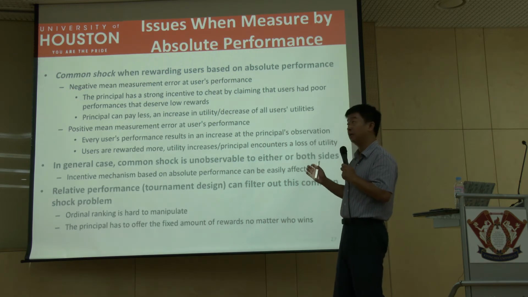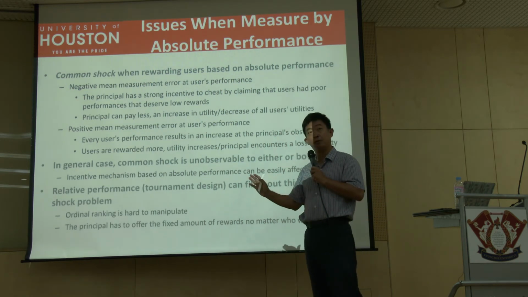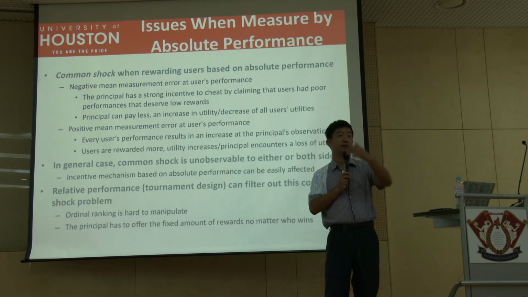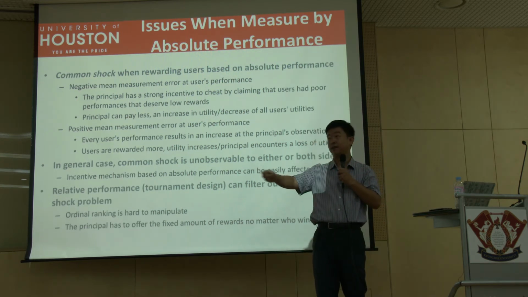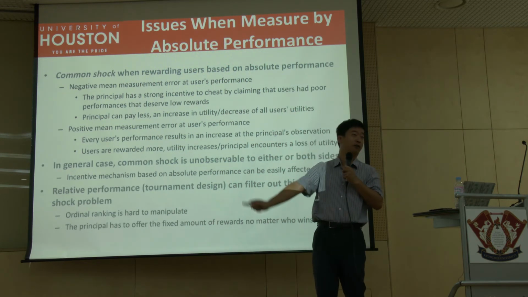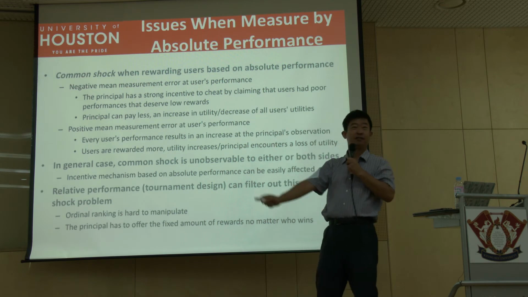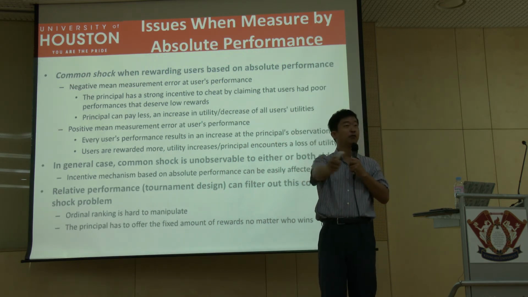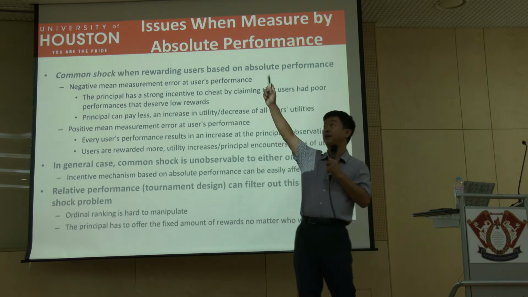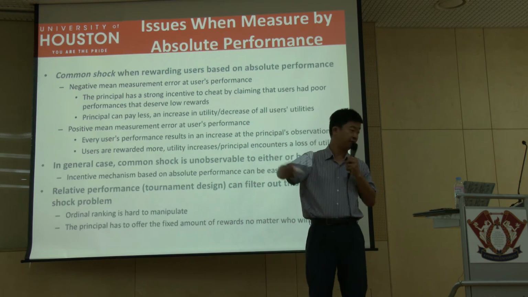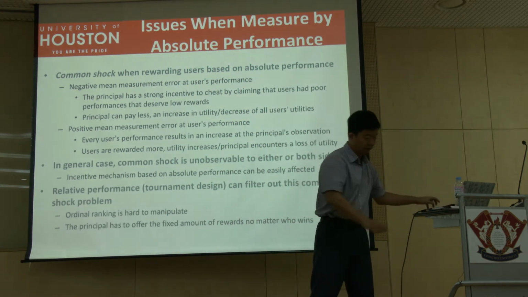Tournament design is very important for contracts in the sense that, for golf, every time we see the winner, the first winner gets how much? $2 million. And the second one gets how much? $500,000. The third one gets how much? And so on. So this is the ranking, and how could you design this? So you draw this one.